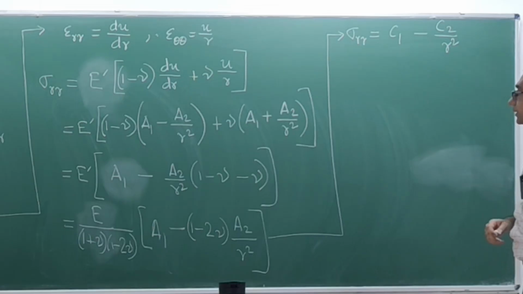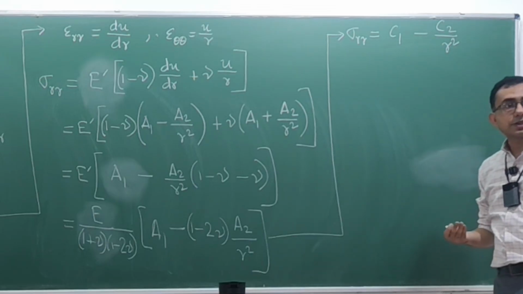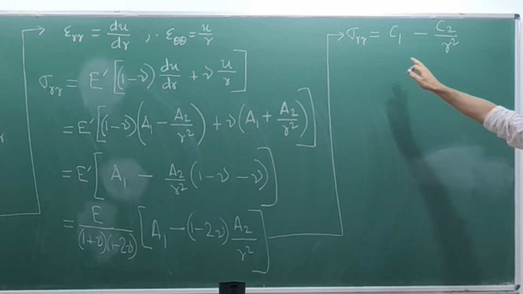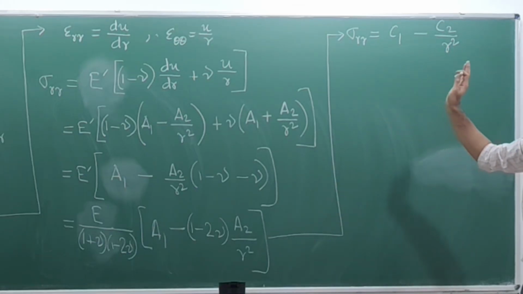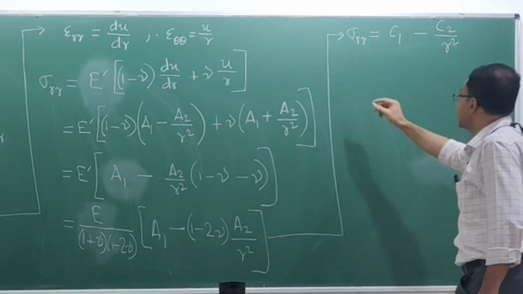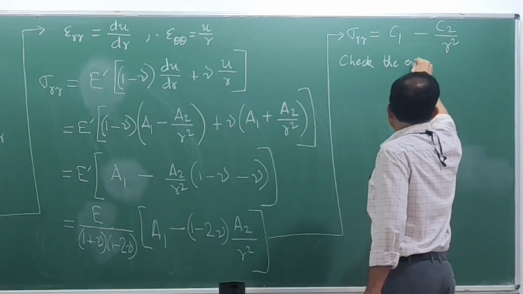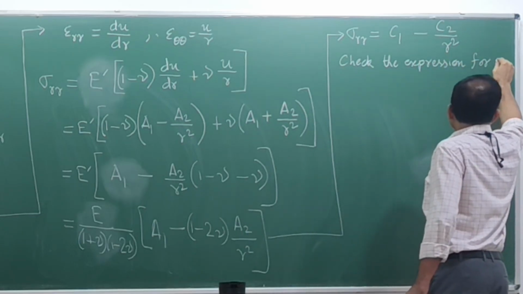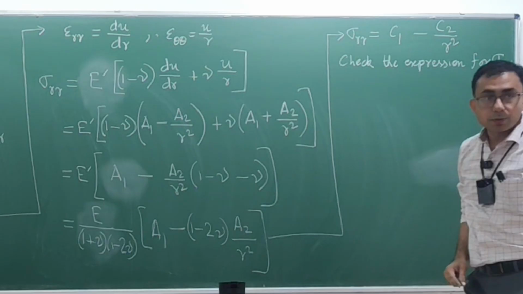And suppose we ask what is the expression for sigma theta theta. If you proceed like this, you will find that it comes out exactly the same except that it is C1 plus C2 by r square. Exactly the same C1 and C2. Okay, we don't need it here, but I'm just telling you. Check the expression for sigma theta theta. It will come out as C1 plus C2 by r square.